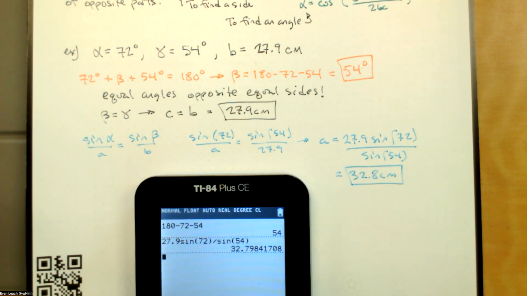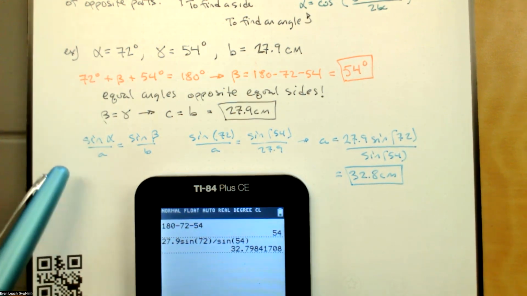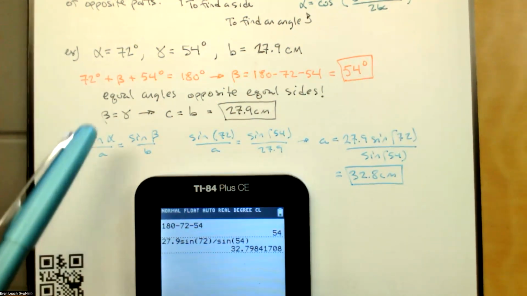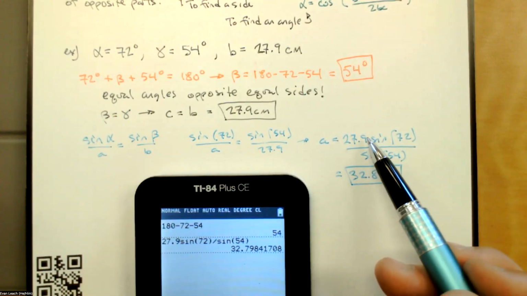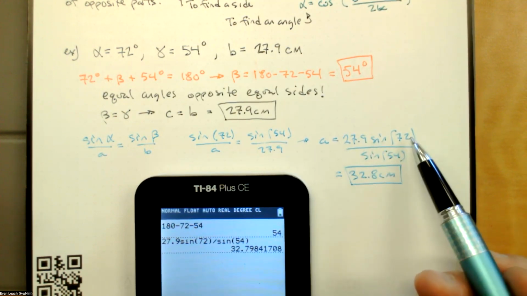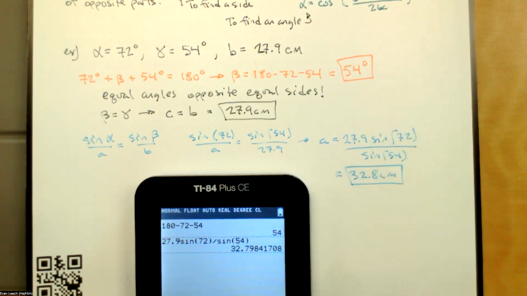If we didn't happen to notice that beta and gamma were equal to each other, and we tried to use those parts in the law of sines, they would just cancel out. So I'd have sine gamma over C is equal to sine beta over B. So C would be 27.9 times the sine of 54 divided by the sine of 54, which gives us 27.9.